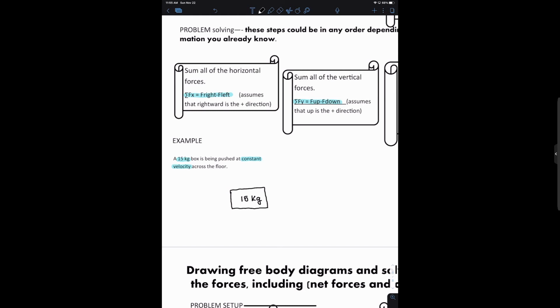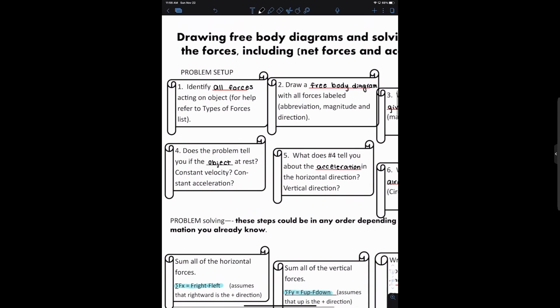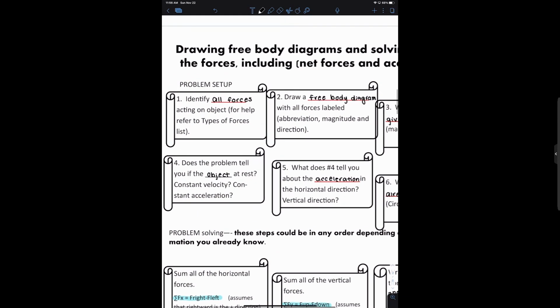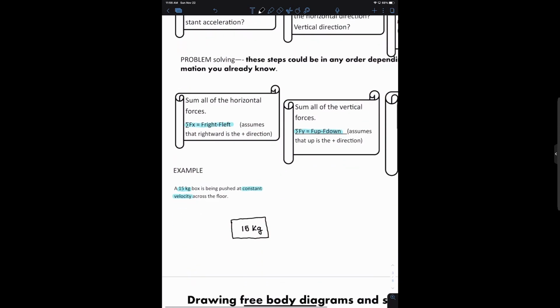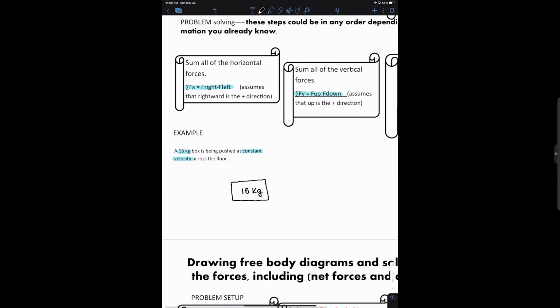Looking back up, number 1 says identify all the forces. Let's see what all we can figure out. The forces acting on this, well, we know we have gravity, the force of gravity. So F grav is equal to something, and it's going to be downwards. Then, since it's pushed across the floor, we know we're going to have a normal force going upwards.